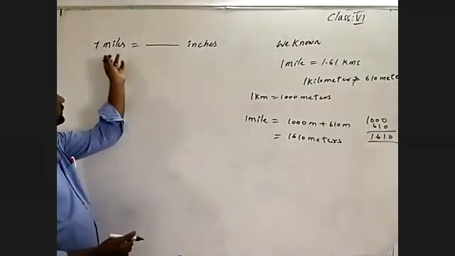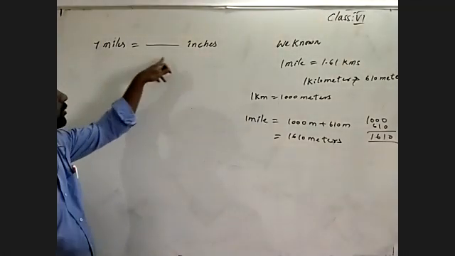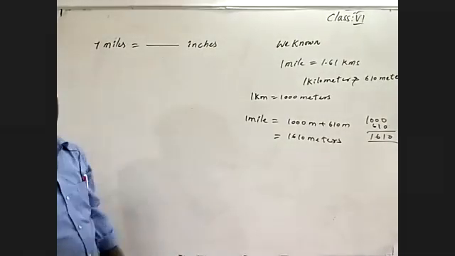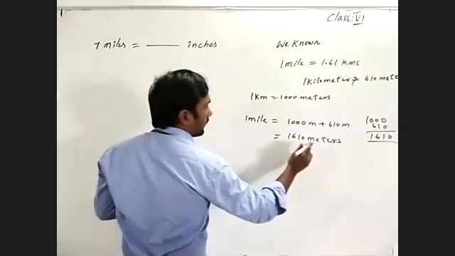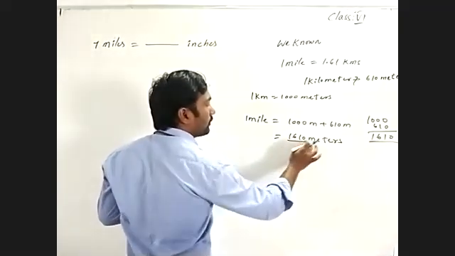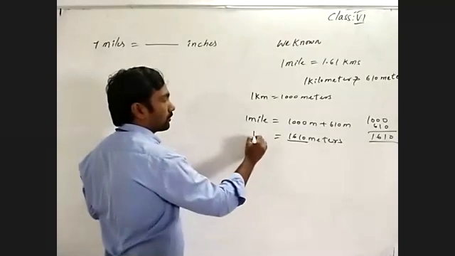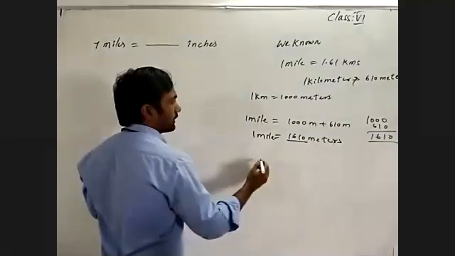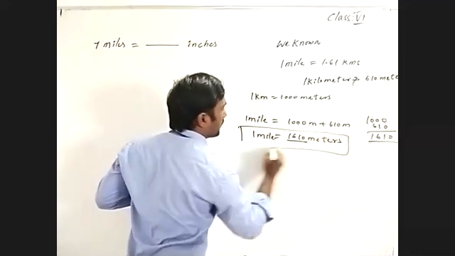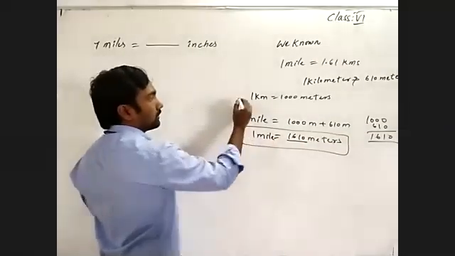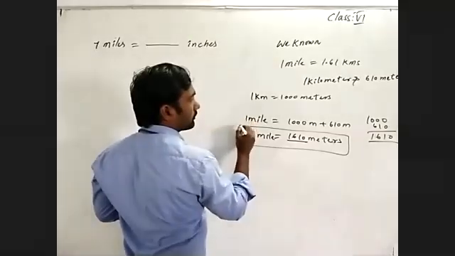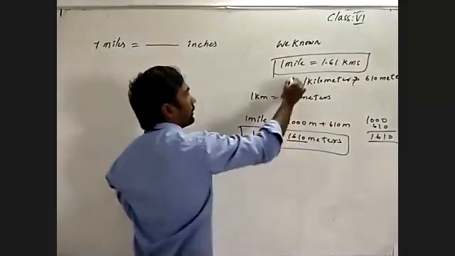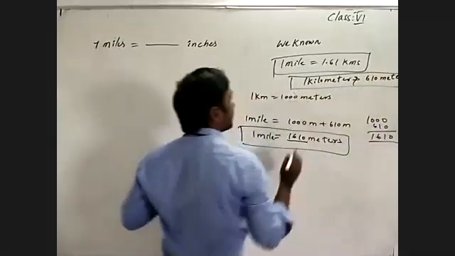So what was given? 7 miles is equal to how many inches? Coming to that, see here, 1610 meters for 1 mile. One more thing you have to remember: 1 mile is equal to 1.61 kilometers, meaning these many are present in that.